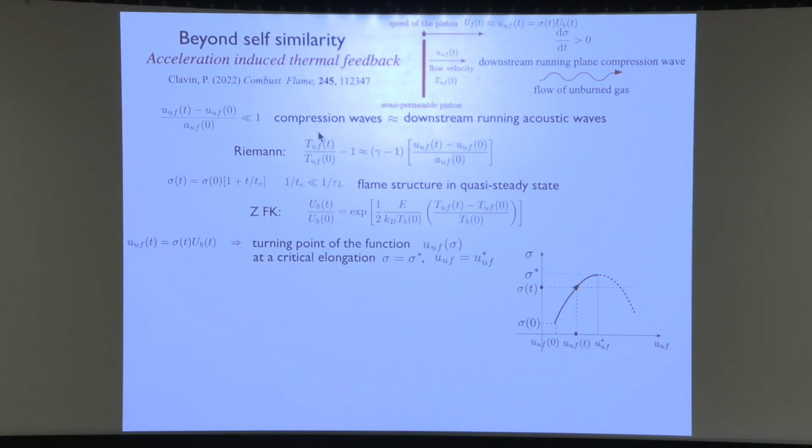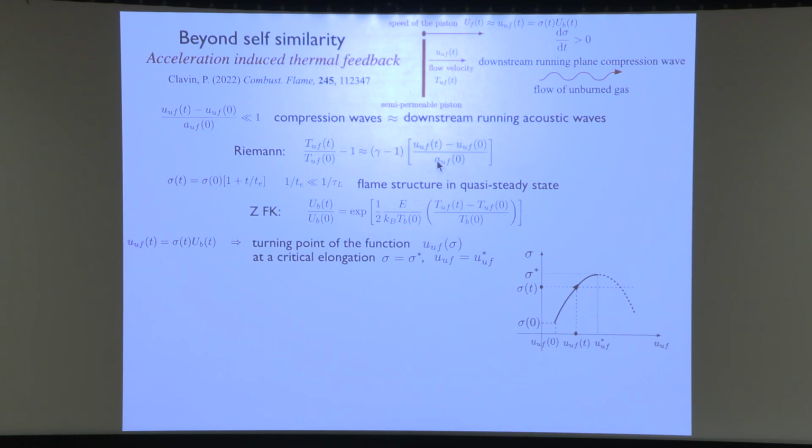It tells you that the temperature just ahead of the flame, the increase of temperature relative to the initial one, is simply related to the difference of the flow velocity divided by the sound speed. This is Riemann's work that I presented to you at the beginning of the lecture.